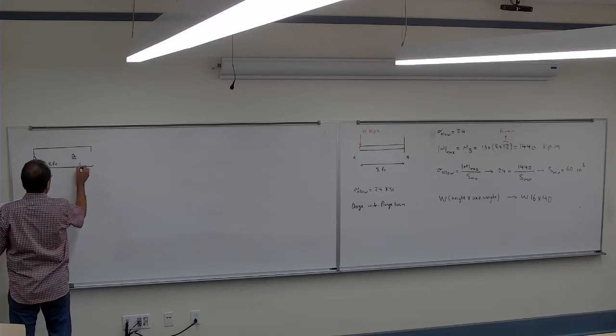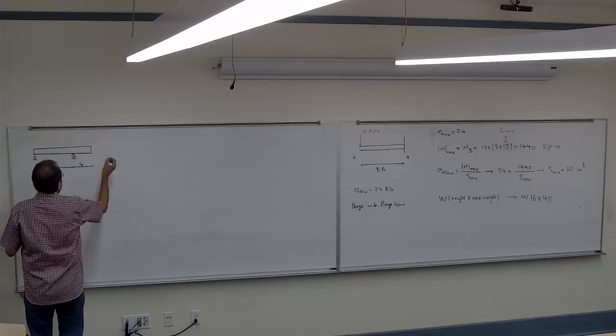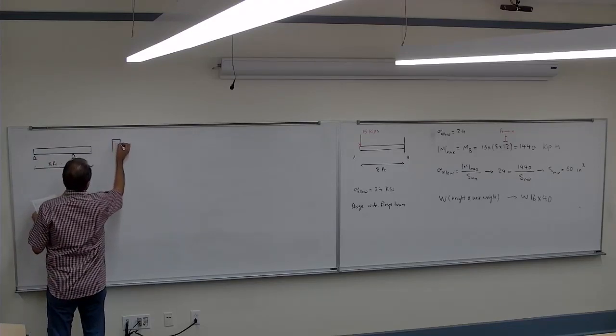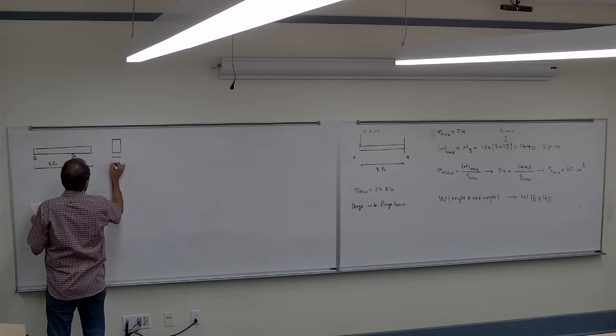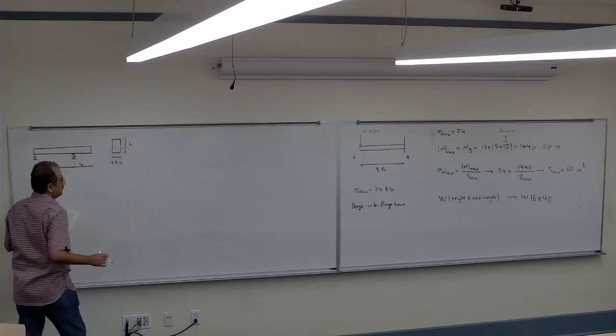It's gonna be 4 foot. And it's a wooden beam, so it has a cross section of 3.5 inch. You know that's the width, and then we want to find the height.